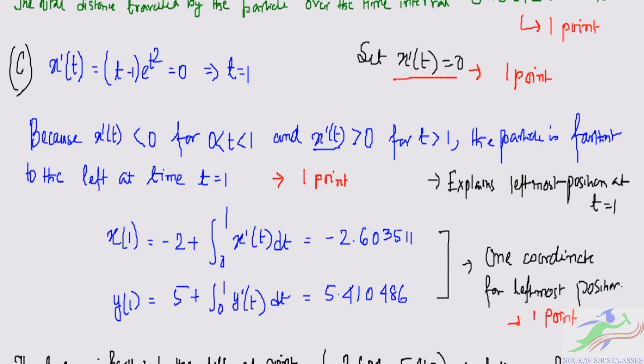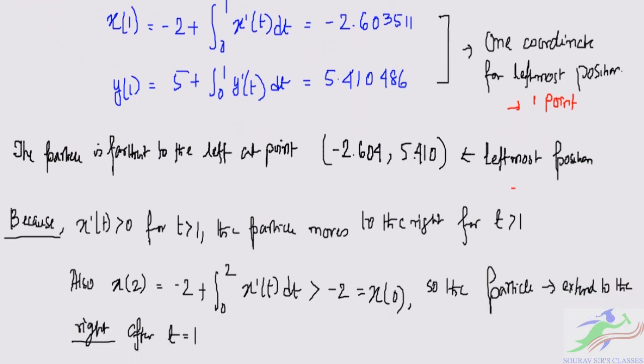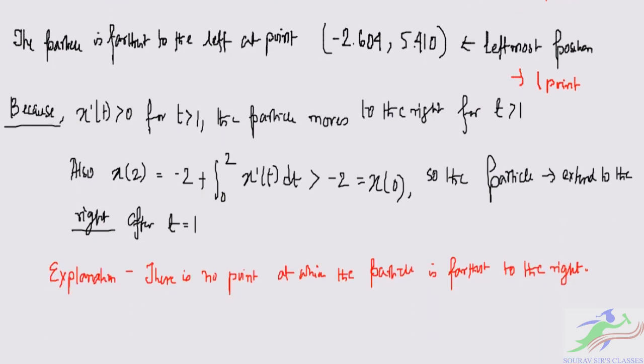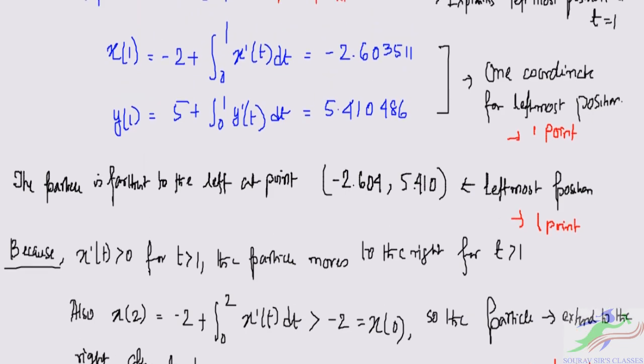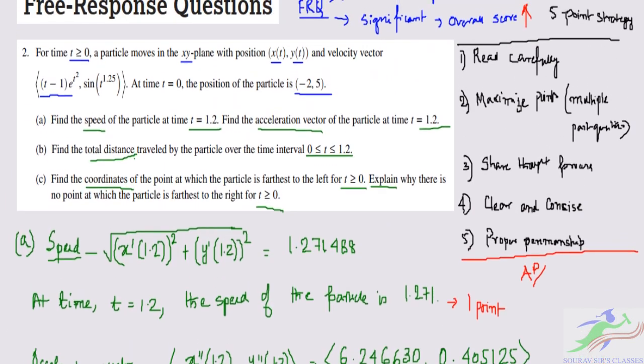That is 1 point. And the answer is given in this form. For this you will receive 1 point. And finally the explanation over here will fetch you 1 point. So in part C itself we have these 5 points, and this is how you can score it. So that's all for question number 2.